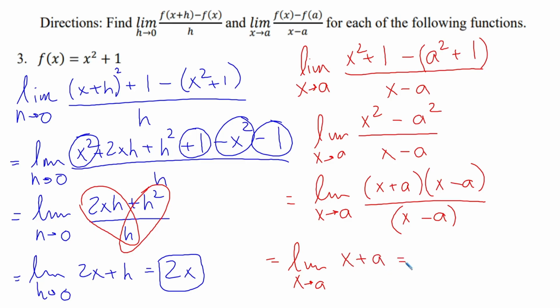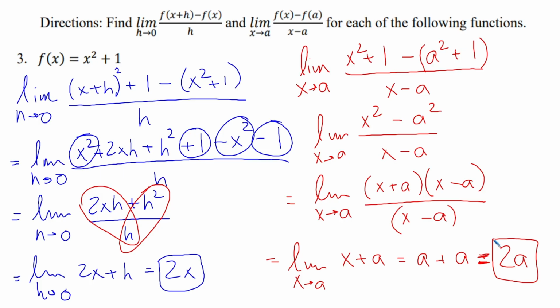And as x goes to a, well, then x becomes a, and a stays as a. So a plus a is equal to 2a.